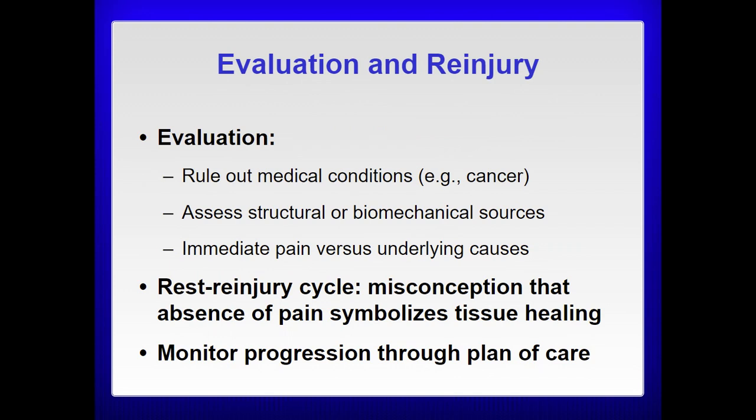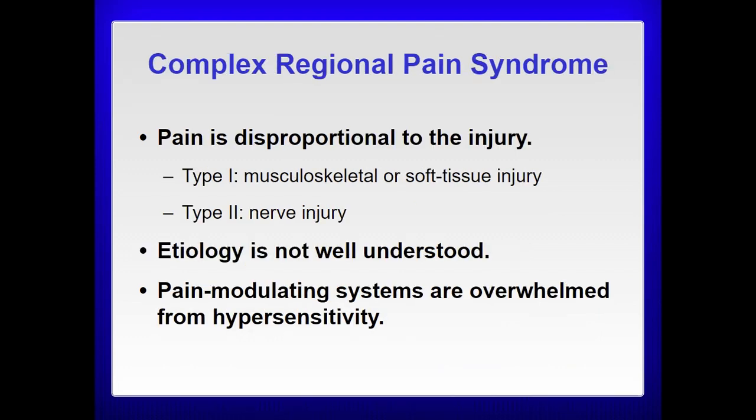Someone could have pain because of syndromes, nerve compressions, cancer, chemical, or mechanical pain. I think one of the most important things is to determine whether it is a chemical or a mechanical pain. This is something you need to monitor all the time. You evaluate, and you always need to reevaluate.